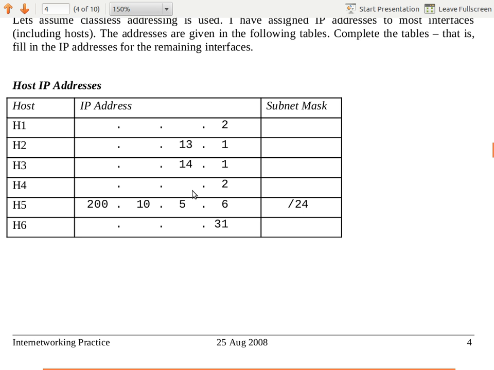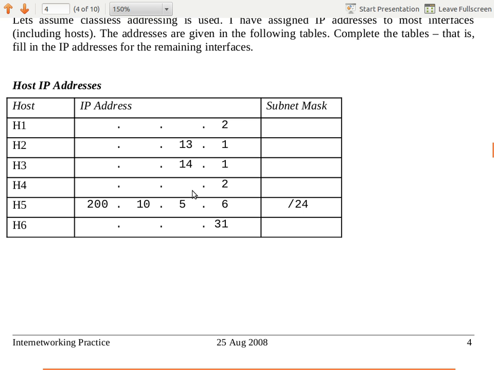If the subnet mask is 8, 16 or 24, you can convert to binary, but you may take a shortcut and not convert to binary and just take the decimal notation. If you do not understand that, always convert to binary. Take this, convert to binary, take the first 24 bits, and then convert back to dotted decimal. But if you can work out the shortcut, it may save time in exams and in real life.